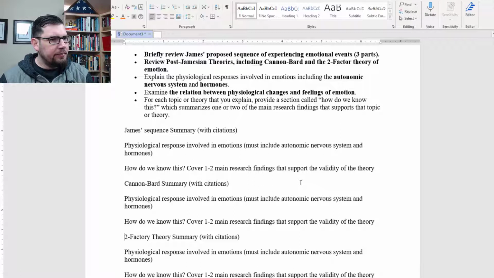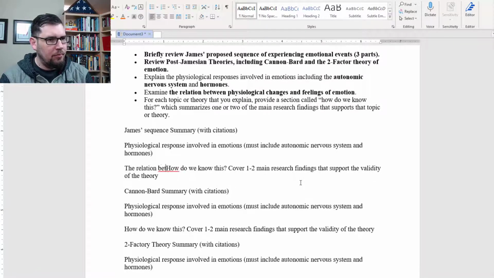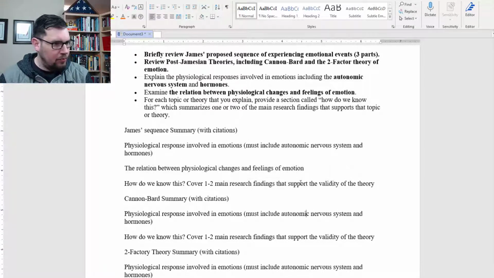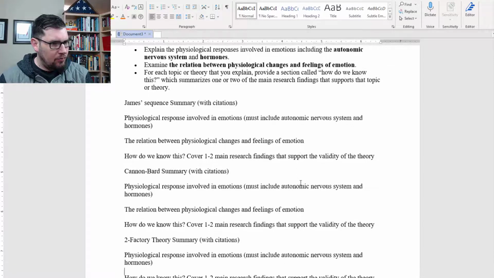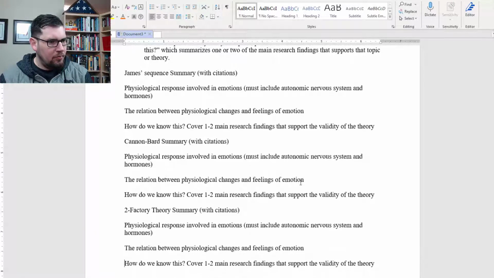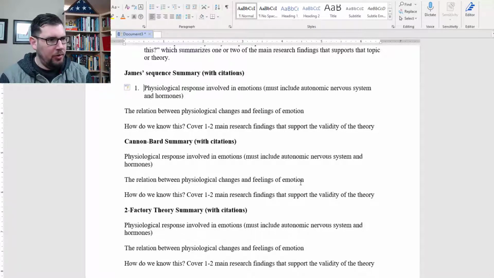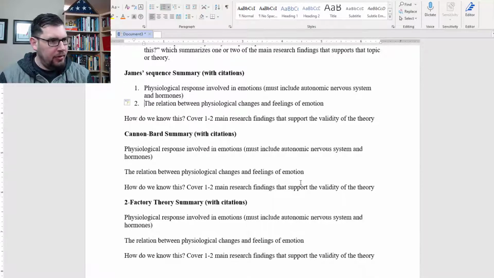And then, all right, so it would be these main headers with sort of a 1, 2, 3 after.